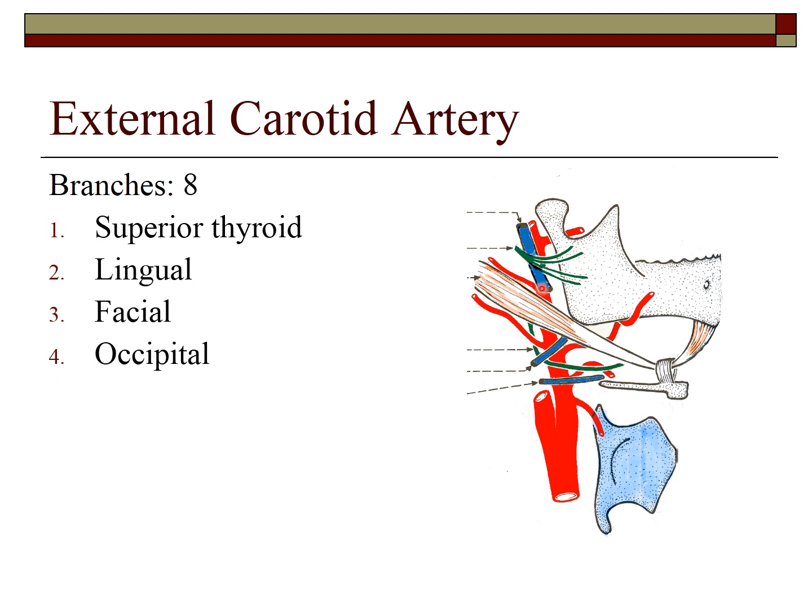Number 5, posterior auricular artery. This passes upwards and backwards along the upper border of the posterior belly of digastric to supply the area of the scalp posterior to the auricle.